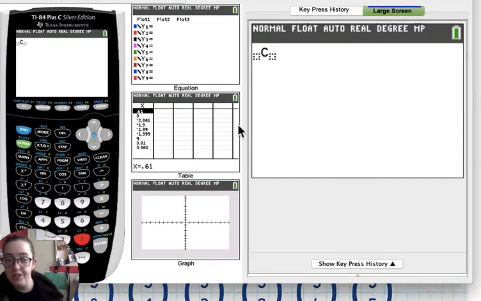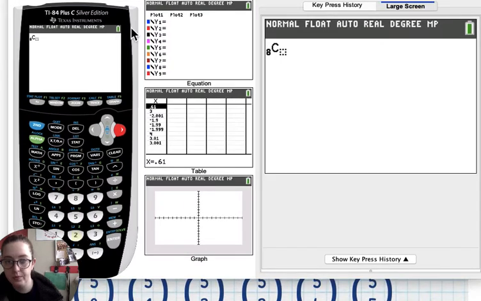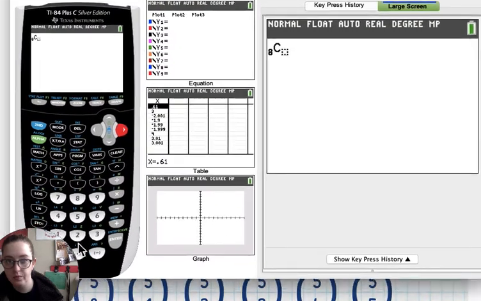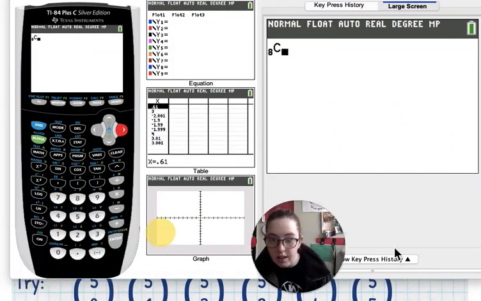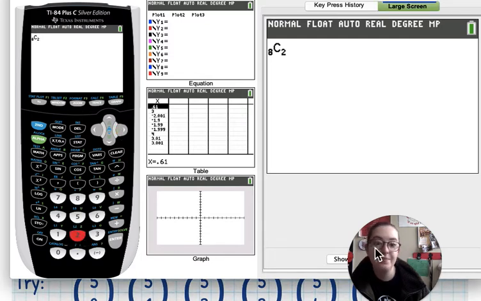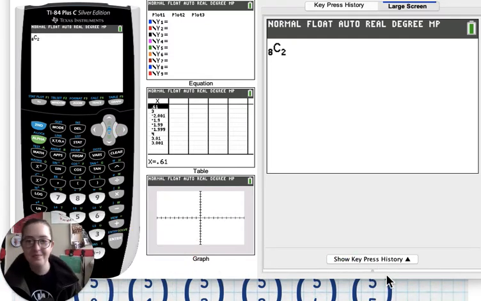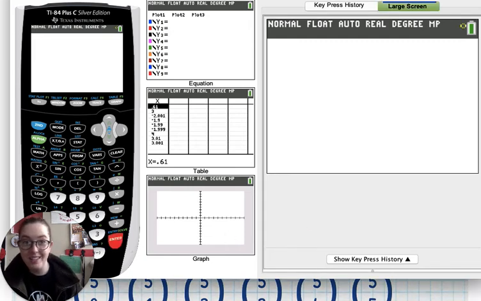So we want 8 choose 2, and then we'll press enter.